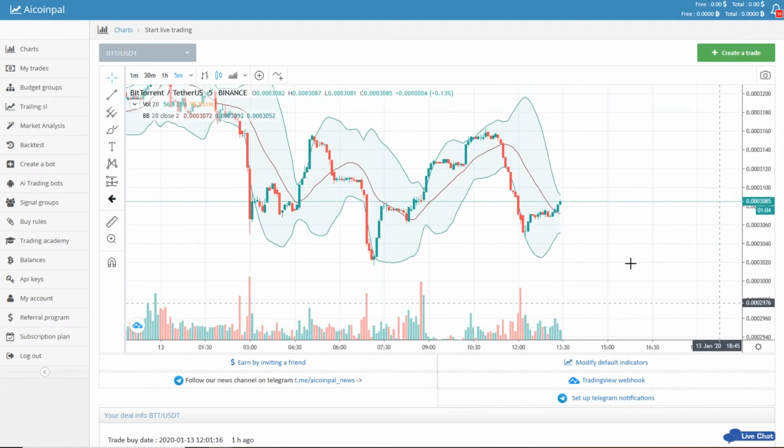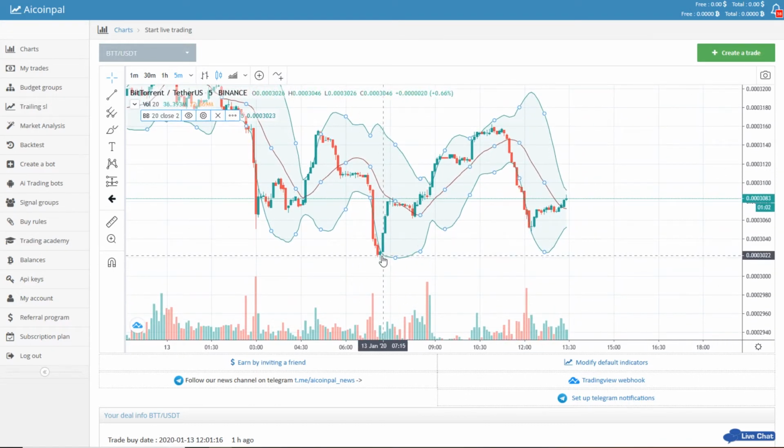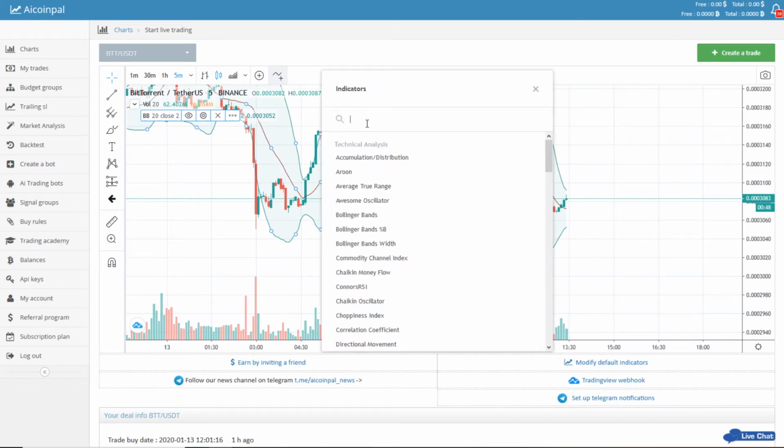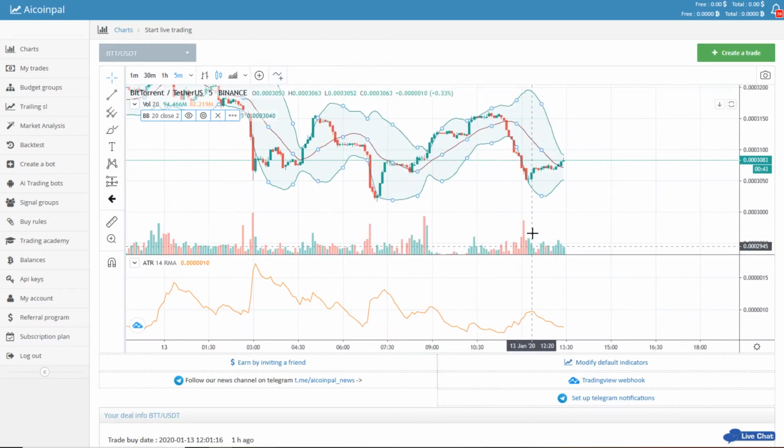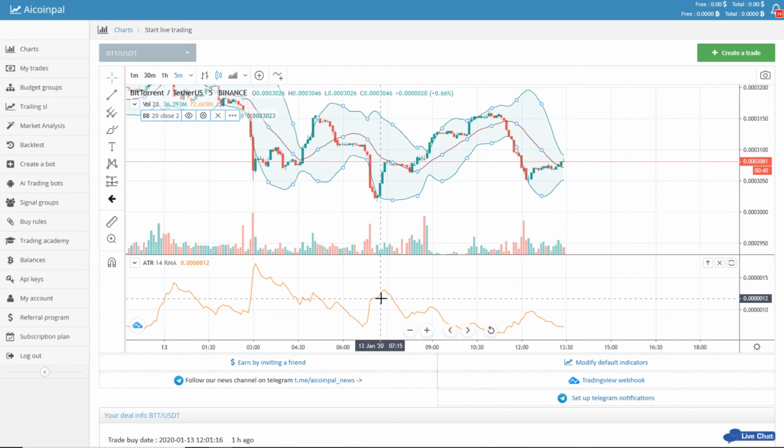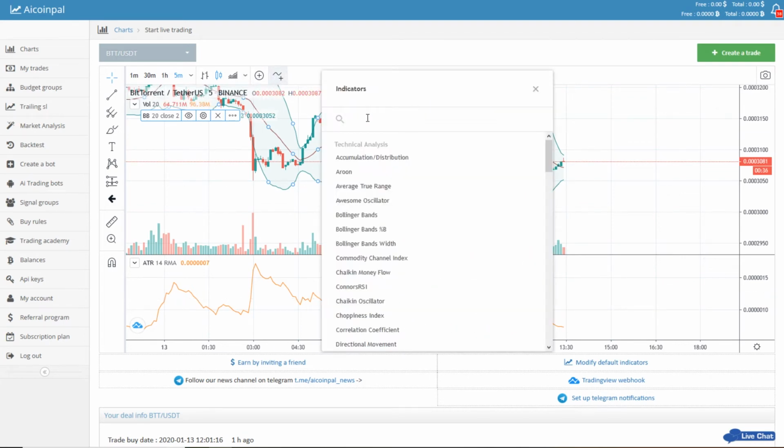Maybe we want to buy only when the price reaches somewhere here, which is lots of way below minus 100. So maybe we also want to buy when the price movement is high. You can see right here the price movement is really high.